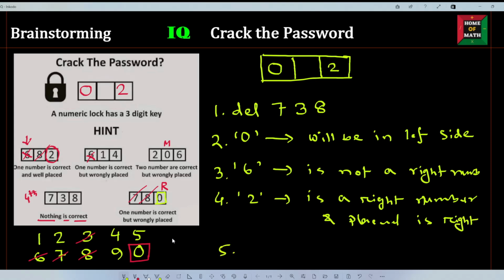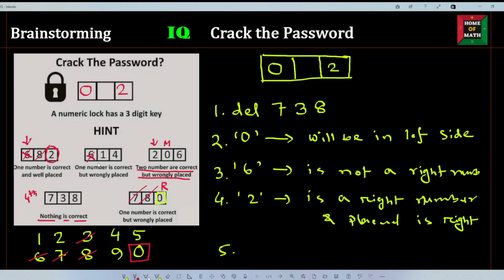Now look, we need another number. Which one is the middle part? Look. So another thing, if we consider 2, in the third box we saw 2 numbers are correct but wrongly placed. Like 2 is a right number but wrongly placed. 0 is also a right number, wrongly placed. Okay. Now look, second box, 1 and 4. So we can easily understand that 1 is not a right number.